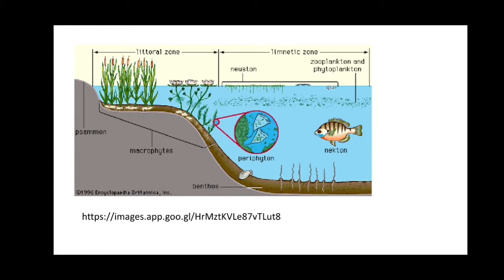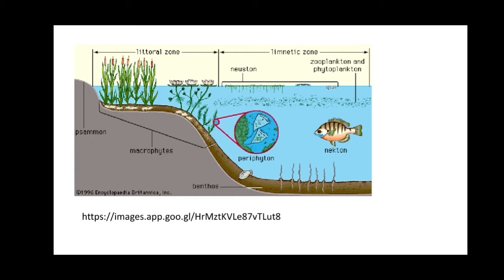Now you can see in this diagram the water zones. The littoral zone means the area near the shore of the river. You can see different types of plants that grow. Some plants are submerged in water, some are floating in the water. Again, here the zooplanktons, the littoral zone and the limnetic zone, that is the open area.